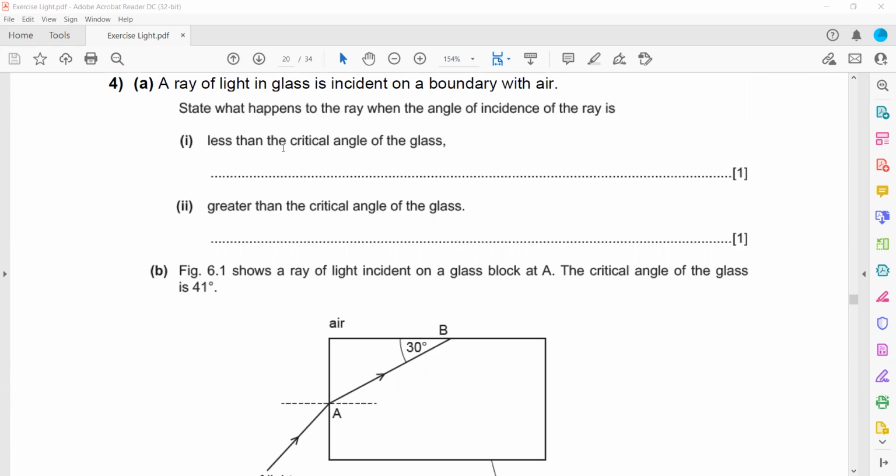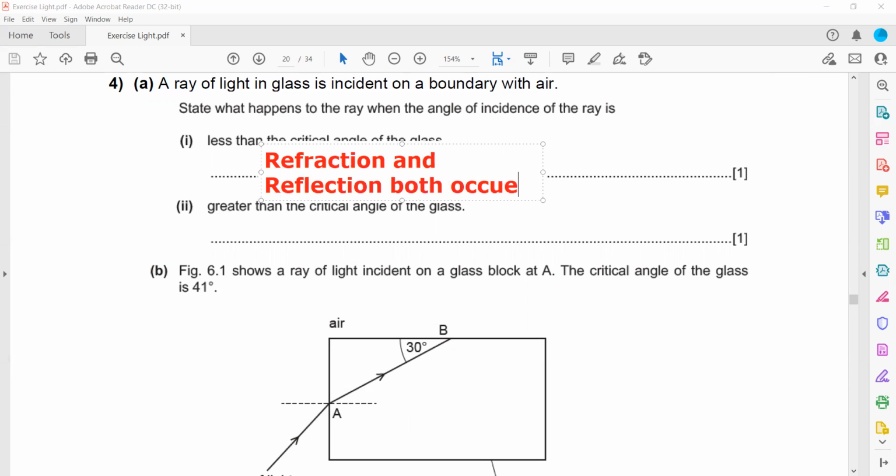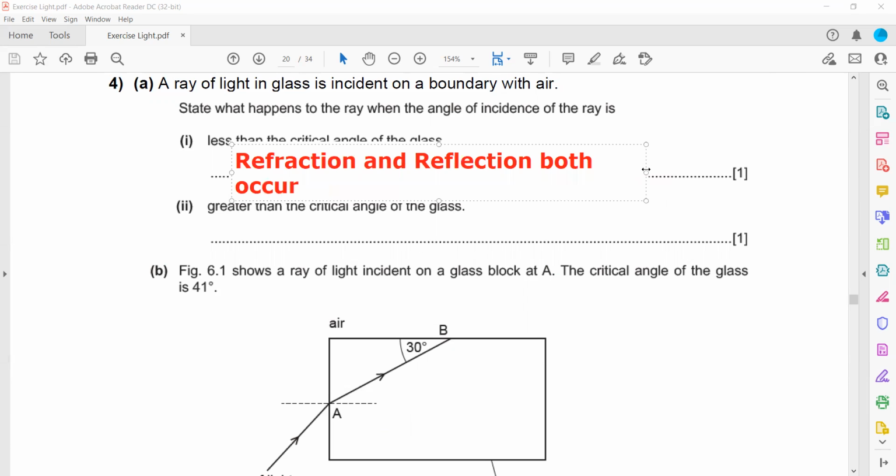If it is less than the critical angle, then there will be partial refraction, or there will be refraction and reflection, both occur. So there will be reflection and there will be refraction, both will occur.